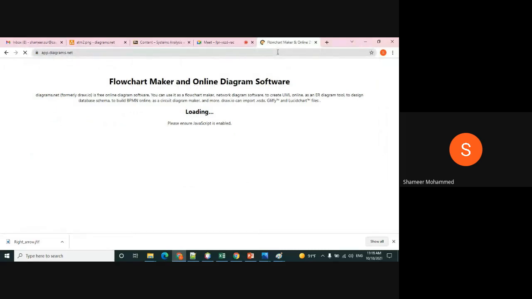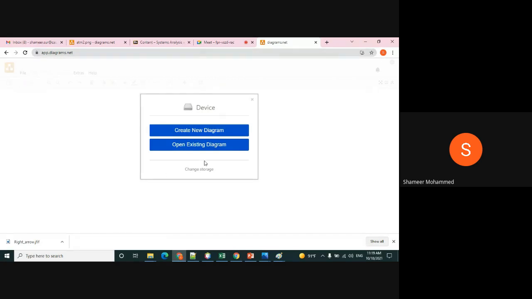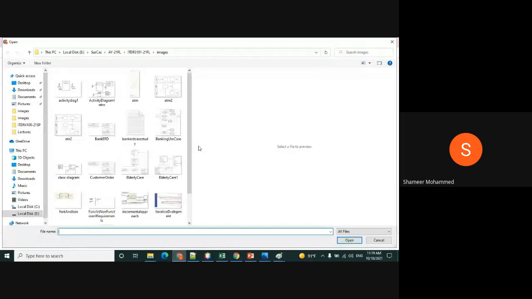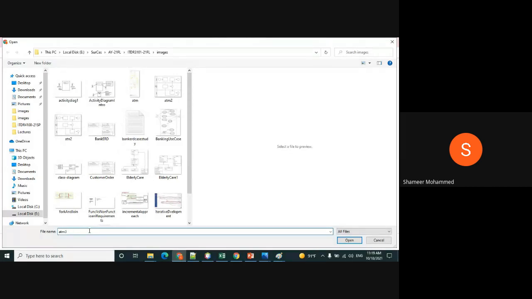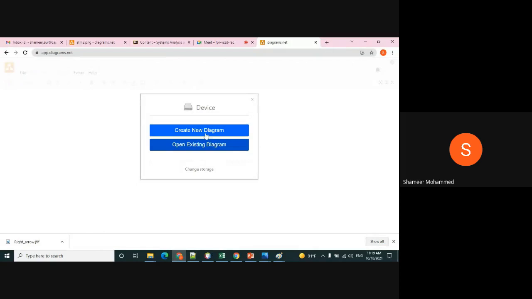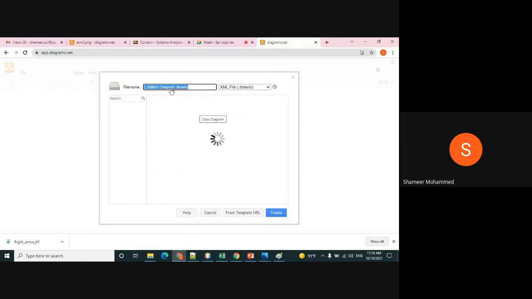Go to draw.io. Open and tell something, name like ATM, bank or something. Now create a new diagram.